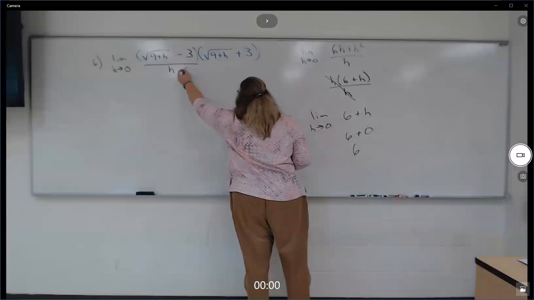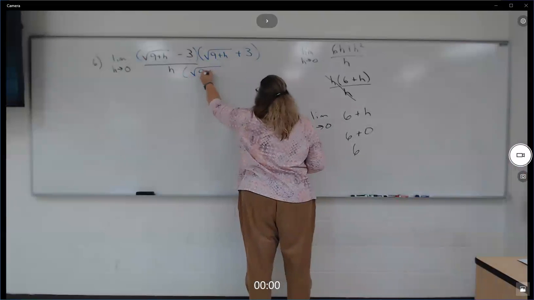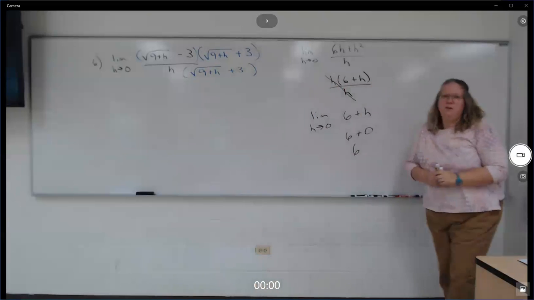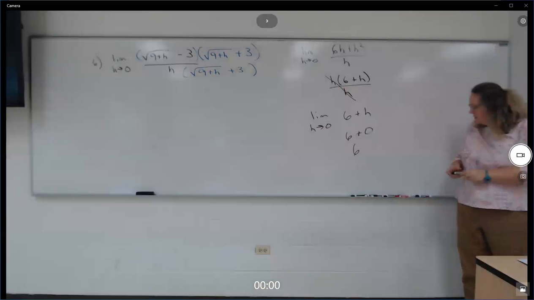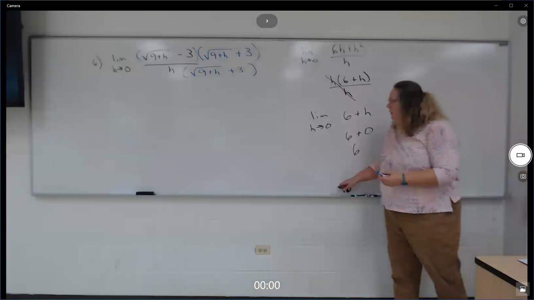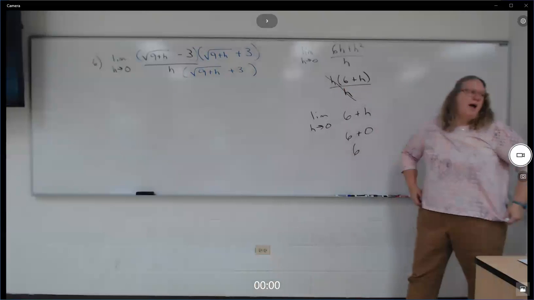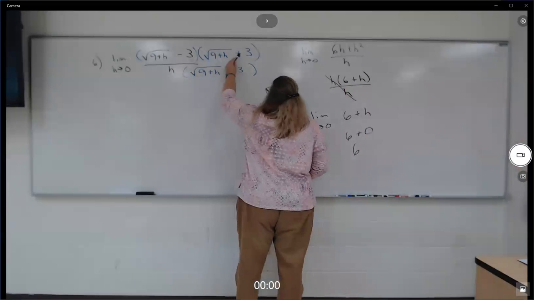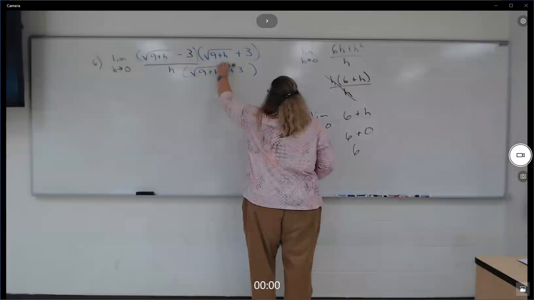And you have to put that on the bottom as well. Looks like we just made a hot mess, but when you see the radical, you want to think conjugate. Think conjugate, and that means that you change this sign. But you do have to put it top and bottom.